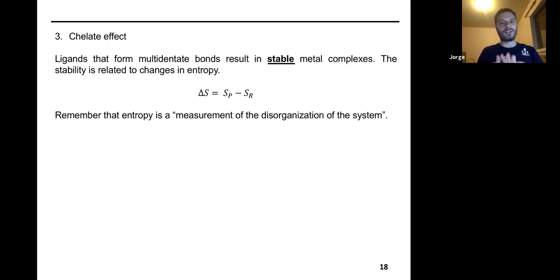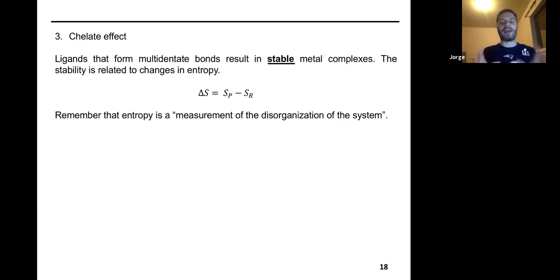Okay, so first thing, let's remember what a multidentate ligand is. A multidentate ligand by definition is a ligand that can coordinate to the metal through 2 or more atoms. If the ligand has 2 atoms that are capable of coordinating to the metal, that's called a bidentate ligand. 3 atoms, that's called a tridentate ligand. 4 atoms would be a tetradentate ligand, and so on.